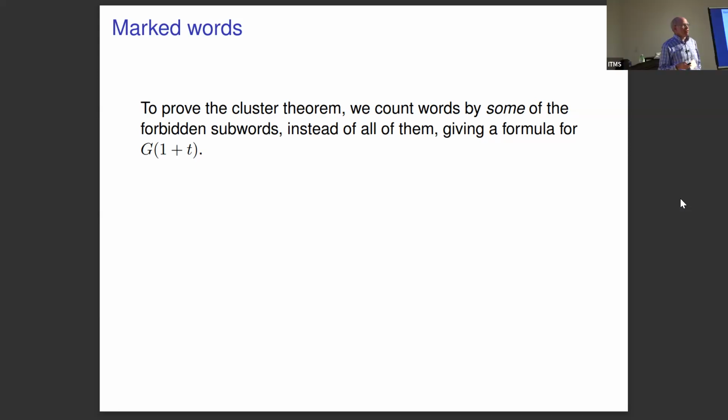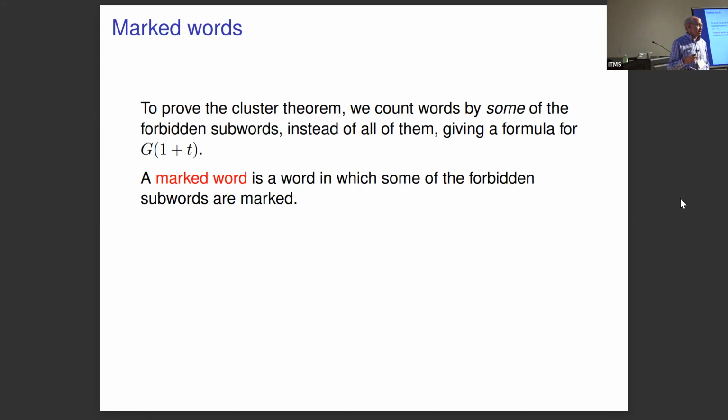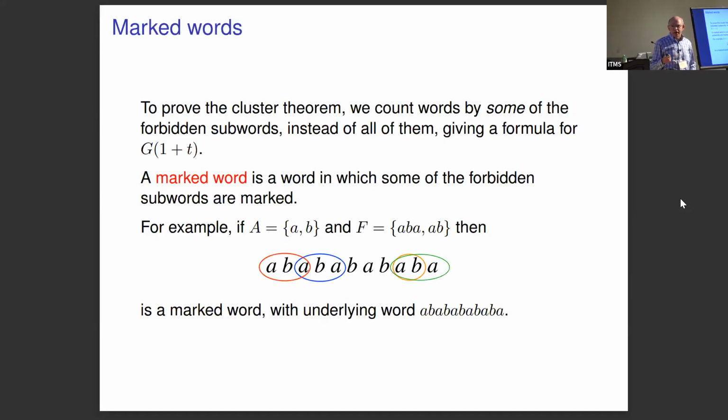So this will give us a formula for G of 1 plus T. Each forbidden word is either counted with a weight of T, in which case it's counted, or it's not counted and it has a weight of 1. That's the same as computing G of 1 plus T, and that's what we'll get a formula for. So I'll say that a marked word is a word in which some of the forbidden subwords are marked. An arbitrary subset of the forbidden subwords of a word are marked. So here's a picture.